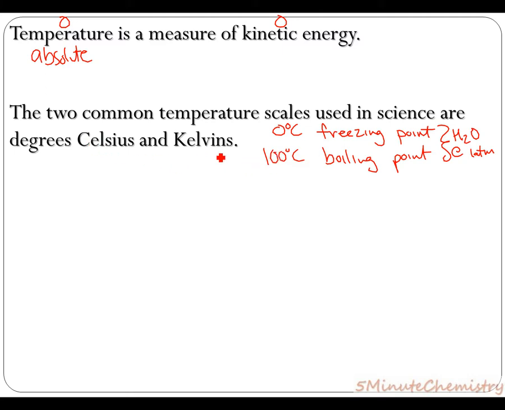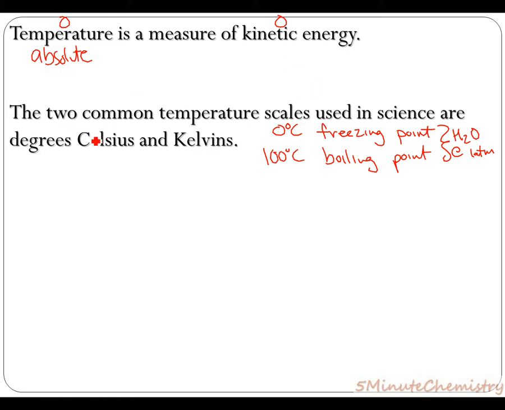Now, the other scale that we talked about, we have kelvins here. And before I mentioned that absolute temperature is a measure of kinetic energy, kelvins are an absolute scale, meaning that you can't have negative kelvins. 0 kelvins means a complete lack of kinetic energy.